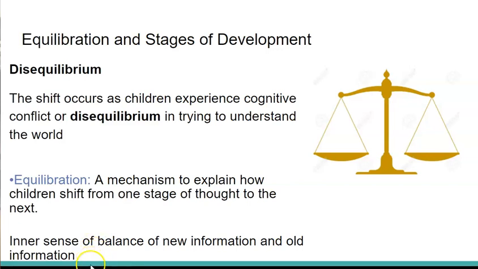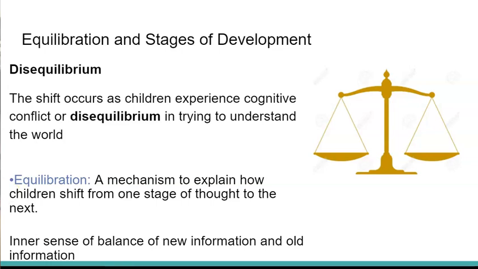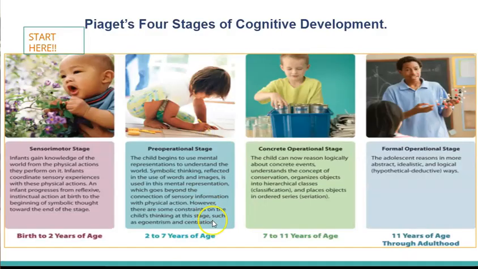Okay, so now we are really going to get into how children develop cognitively according to Piaget. The next slide talks about the 4 stages of development. As you can see, there are specific stages, which makes Piaget's theory of development discontinuous.